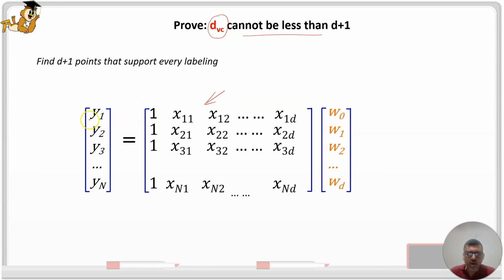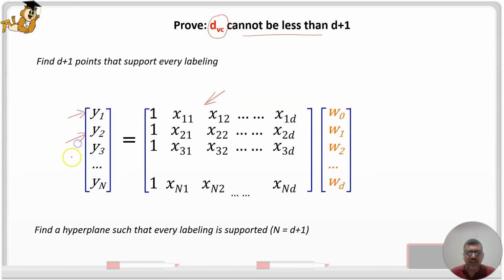Now, what I want to be able to prove really is that every labeling, no matter what plus or minus 1 values of y1 to yn you give me, so you could give me y1 equal to either plus or minus 1, y2 equal to either plus or minus 1, etc. No matter what labeling you give me for the y's, I can always find w's such that this labeling is supported.